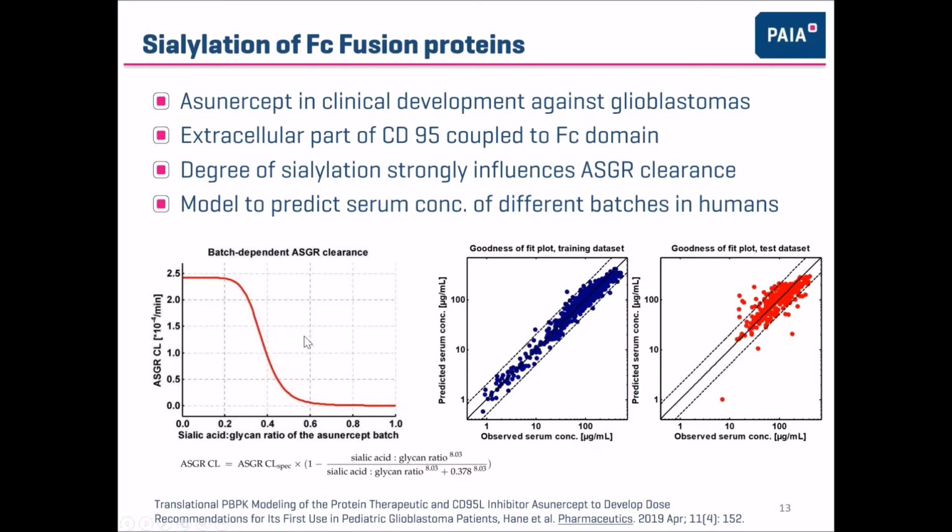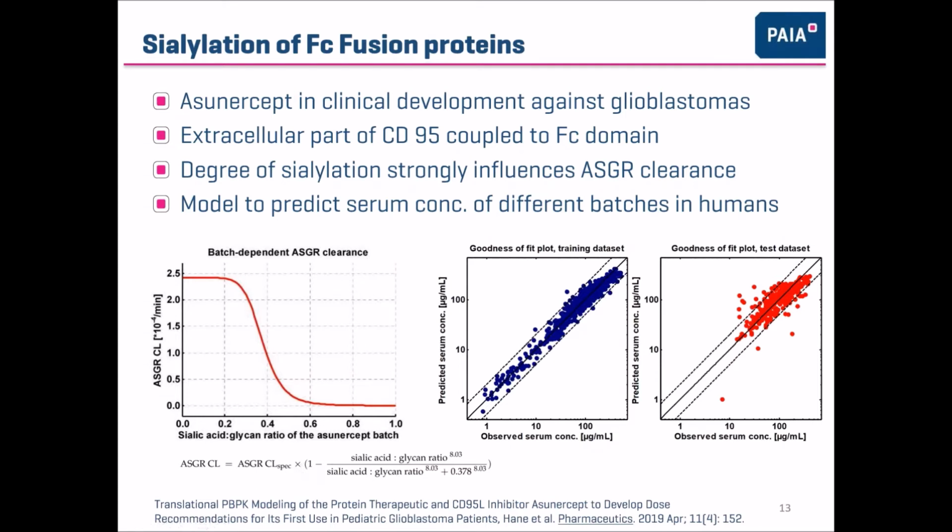And you can see here on the left-hand side how strongly the degree of sialylation influences the clearance by the asialoglycoprotein receptor. So the higher the degree of sialylation, the lower this clearance rate becomes. And you can fit these data and calculate this kind of equation here.